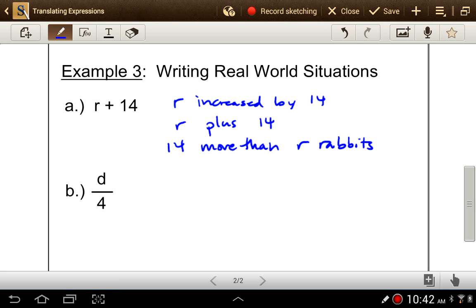All right, now, if you want to write a word problem situation, then you put some sense to it. So let's say for B, I have D divided by 4. Okay, so I could put something like the quotient of D and 4, because remember quotient stands for division, or I could put D divided by 4, or I could make it more like a word problem. A bill costs D dollars.